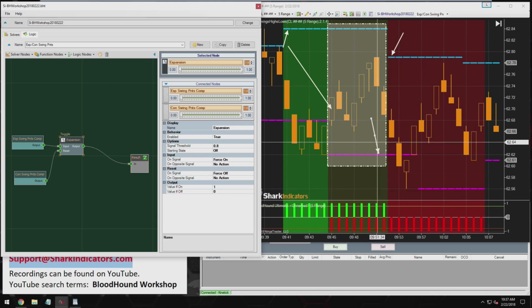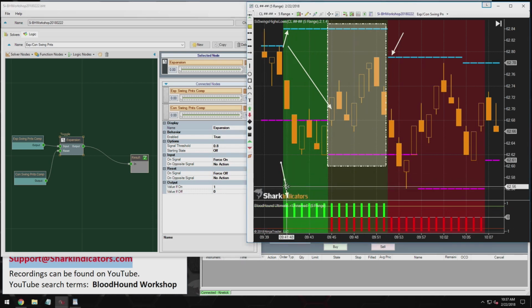In other words, we want to remove the long only, remove the short only, and keep the long and short together.